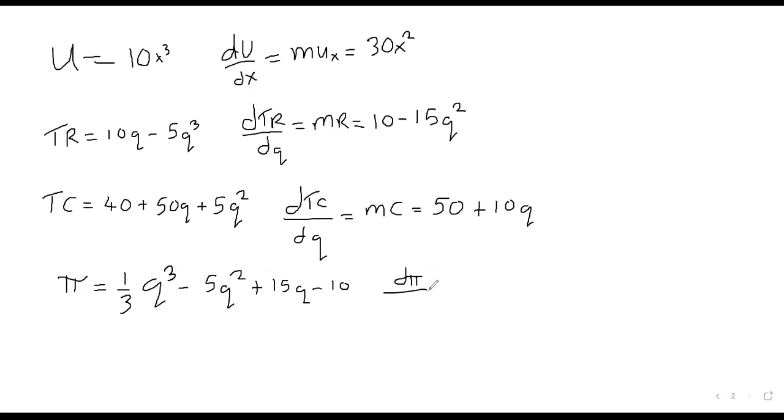Over dQ. So when you differentiate 1/3 Q^3, the 3 times 1/3 is 1. We never write 1. 1 is invisible. And you subtract 1 from the 3, we're going to get a 2. Then 5Q to the power 2, we're going to get 10Q. Then 15Q, when differentiated, we're simply going to get 15. What happens to the 10? The 10 drops out. So firstly, you need to understand how the process of differentiation goes.